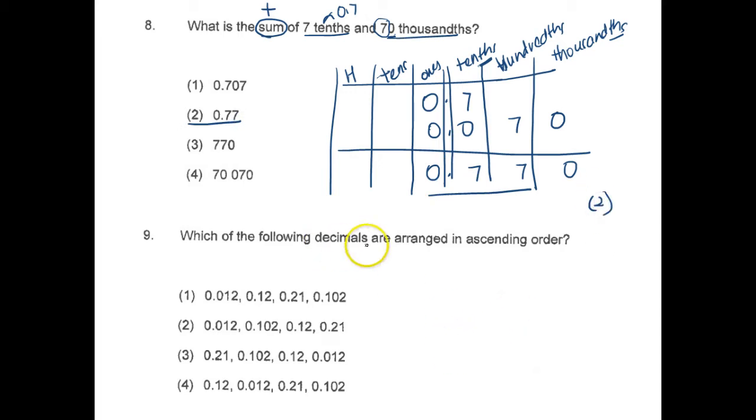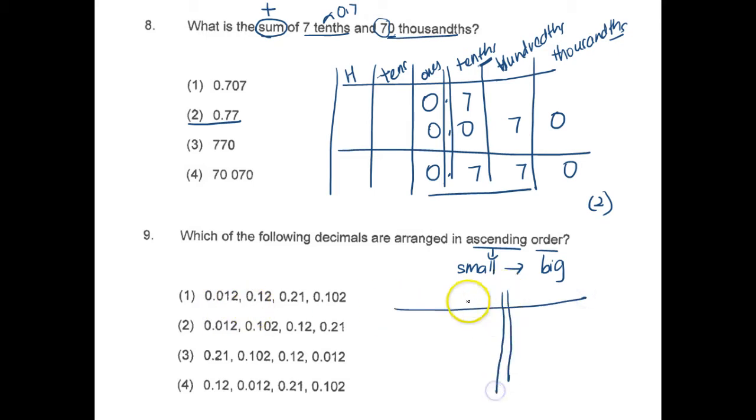Which of the following decimals are arranged in ascending order? What is ascending order? Means from small to big. So we look at this, which is the smallest. Let's look at our place value. 0.012.